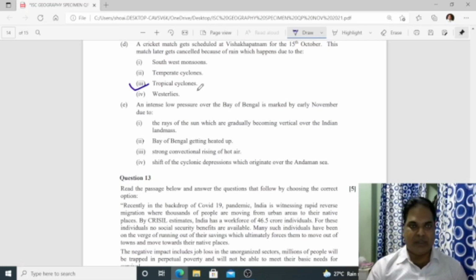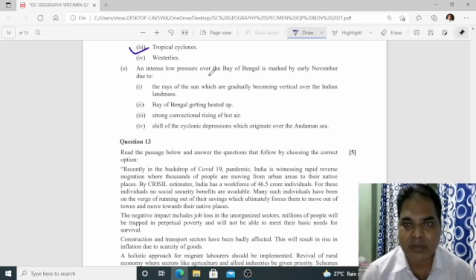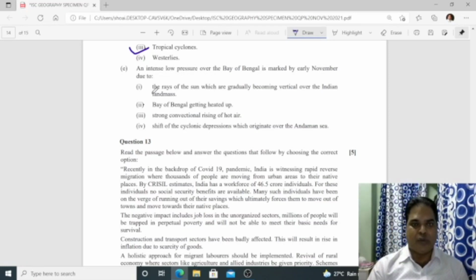Okay. Number 3 is correct. E. An intense low pressure over the Bay of Bengal is marked by early November due to, okay, number 2 is correct. Bay of Bengal getting heated up.